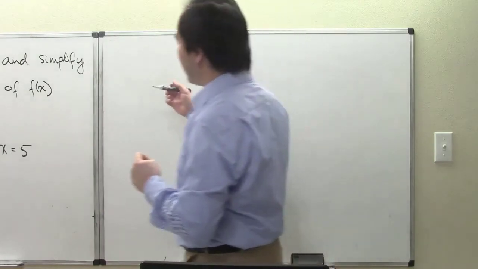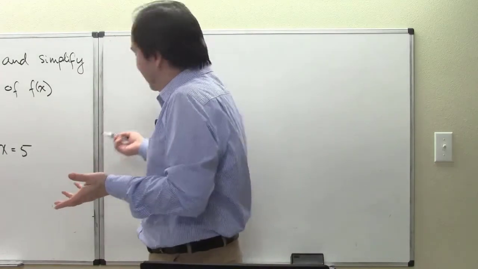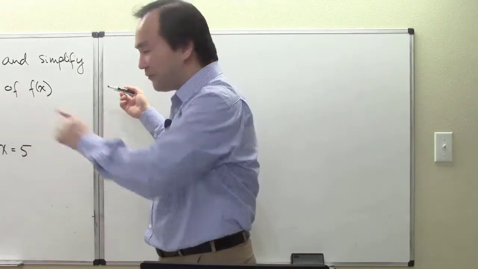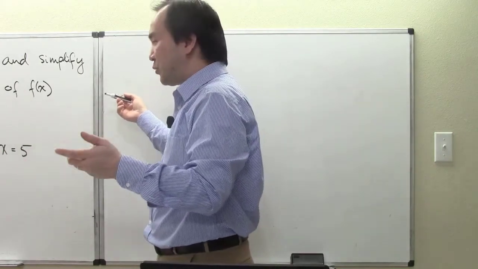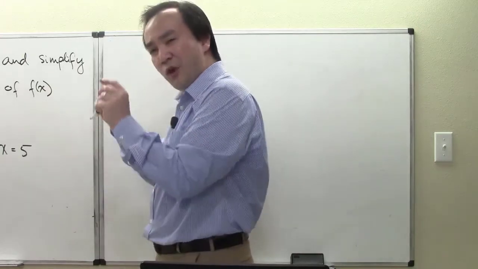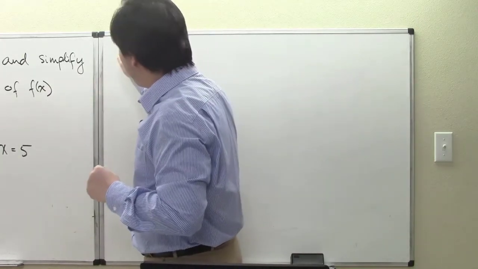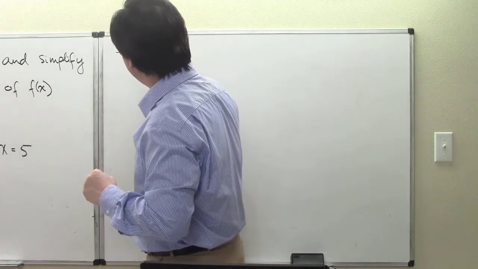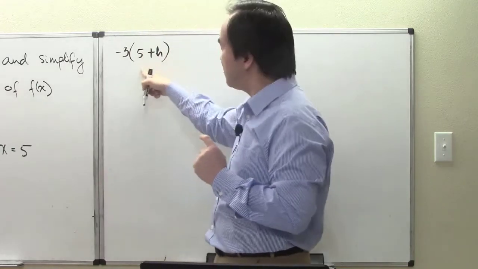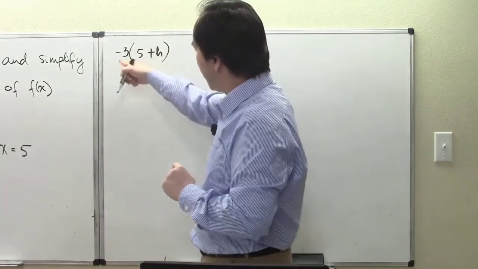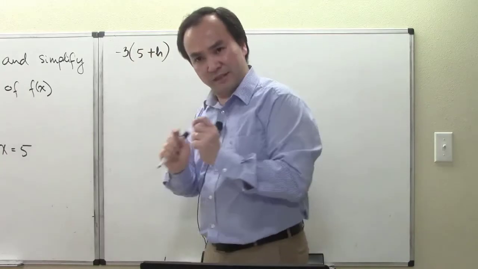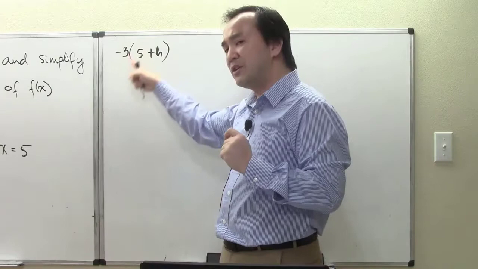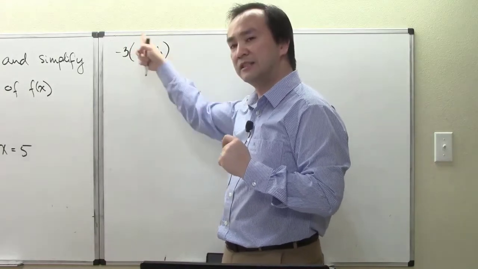All right, so f of 5 plus h is going to be, now my function was the way how it is, and feel free to roll back the video, but it says minus 3x squared minus 11x minus 6. So those x's, they are your inputs. So now minus 3, but no longer x. Minus 3 times 5 plus h, because we've substituted 5 plus h for x. You have seen my style far enough throughout previous lectures. Anytime I'm doing a substitution, I use parentheses very carefully.